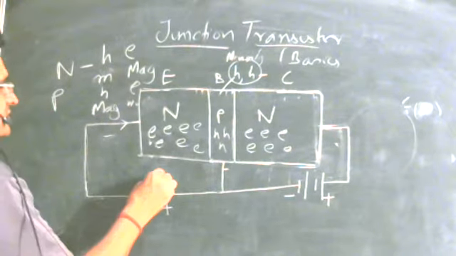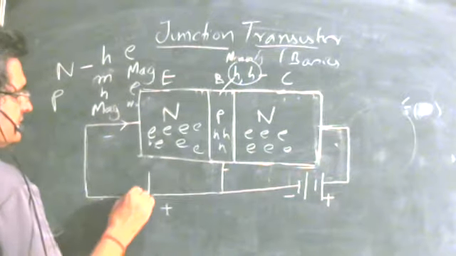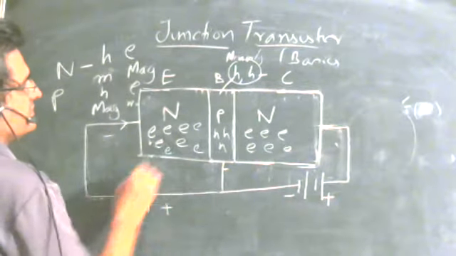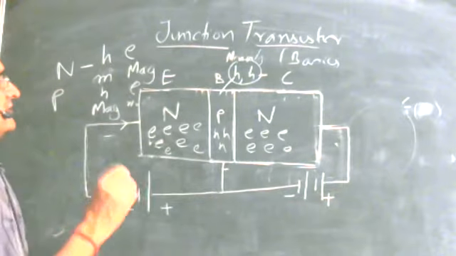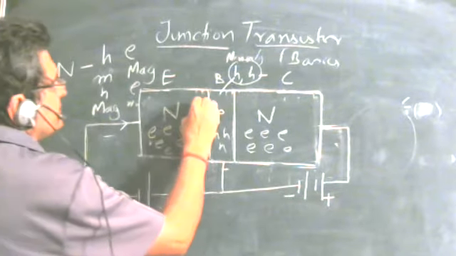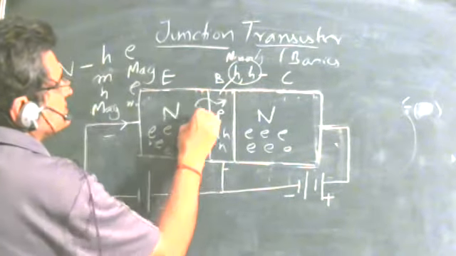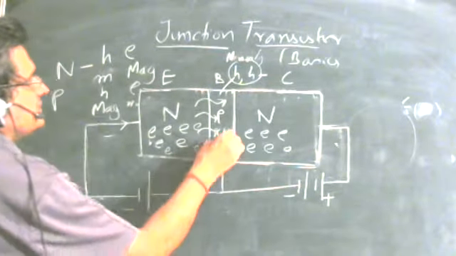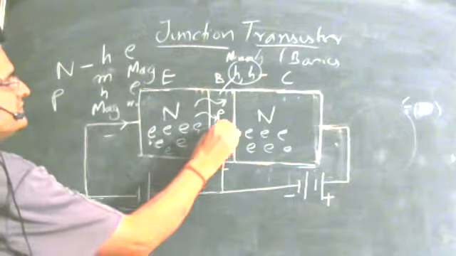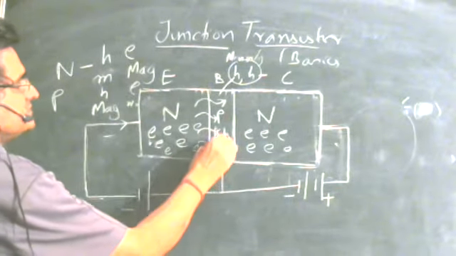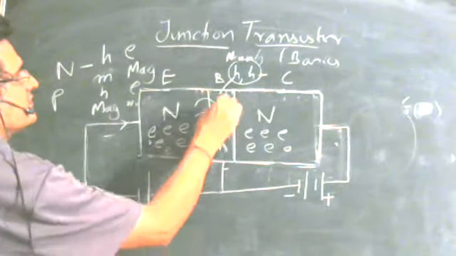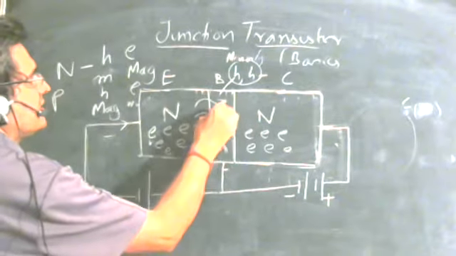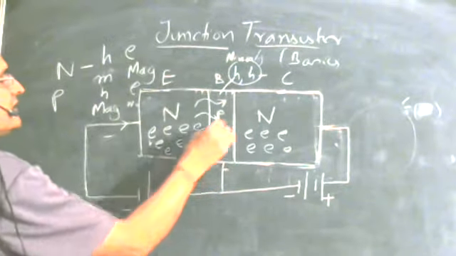Now, because of the forward bias here, it is negative. Electrons are majority carriers. In forward bias, as I said, it is the majority carriers which cross the junction. Electrons will cross the junction and they swamp the holes, which are majority carriers here. Holes are majority in P, but they are less in number because it is lightly doped.